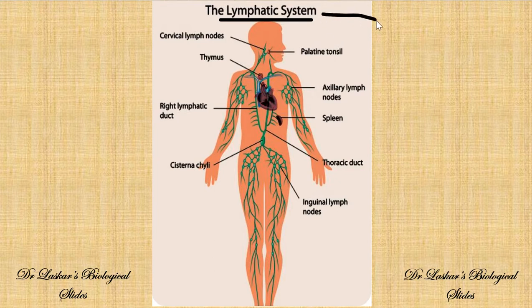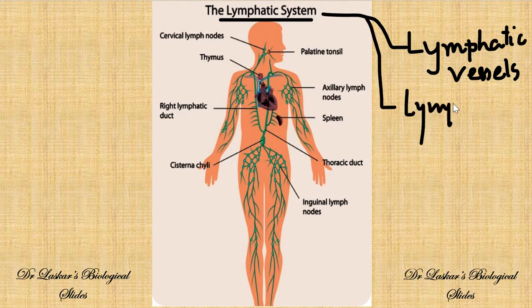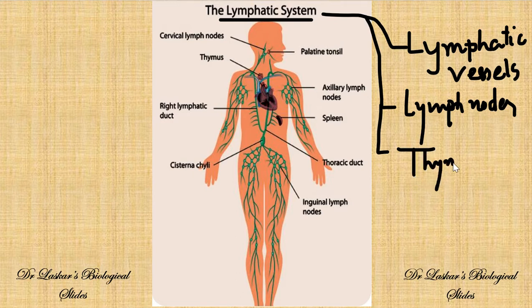So here in the lymphatic system the parts are: number one, lymphatic vessels, then lymph nodes, then thymus and spleen.